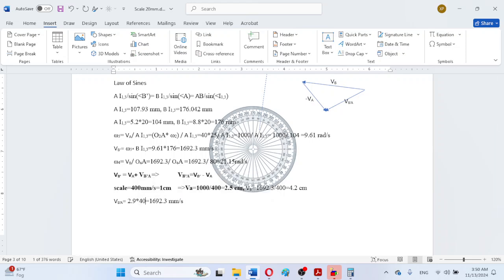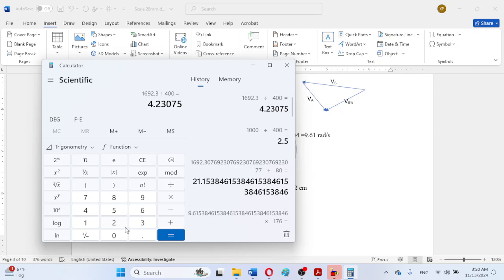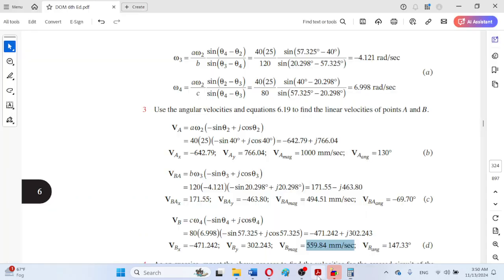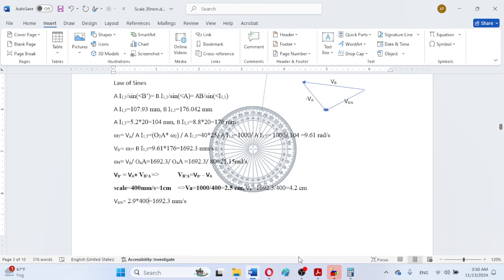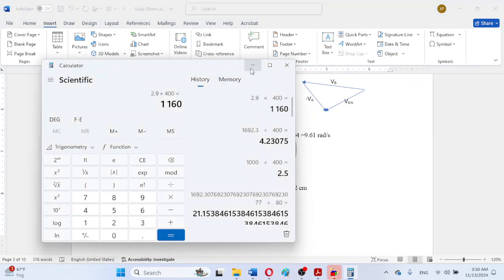So multiply it by 400 millimeter. So as we can observe, 2.9 multiplied by 400 is equal to 1160. So that means the velocity is approximately equal to 1160 millimeter per second. So in this way.